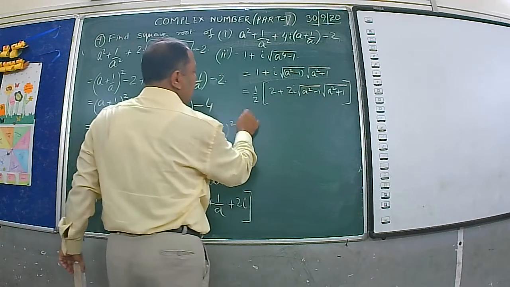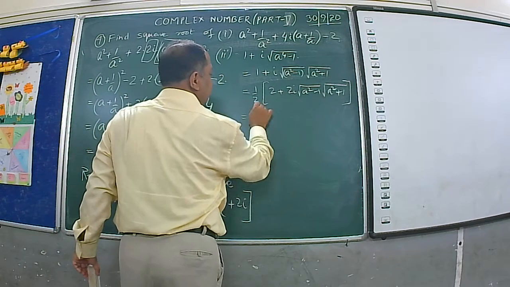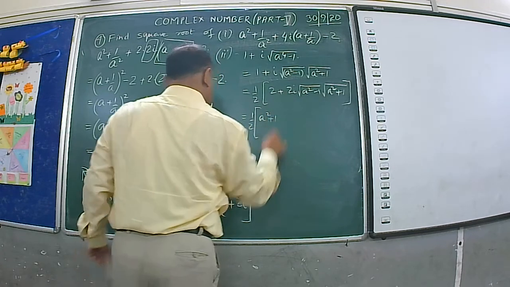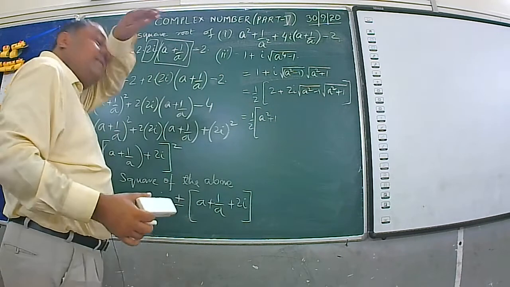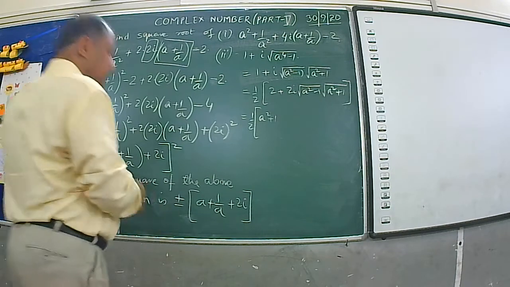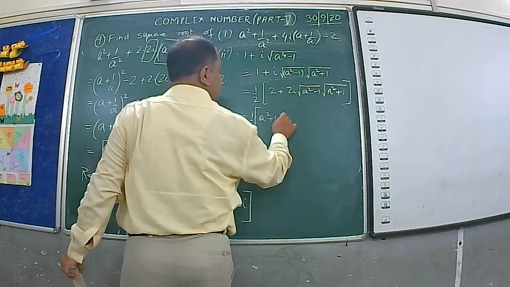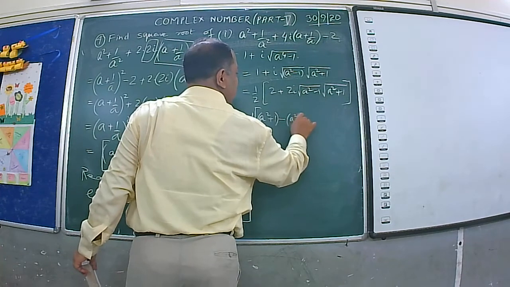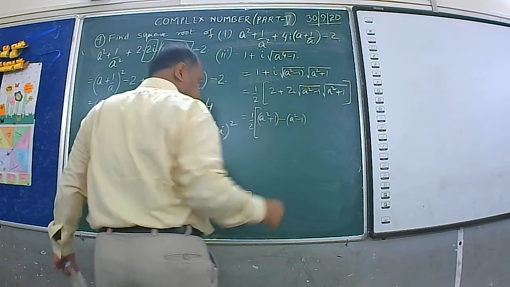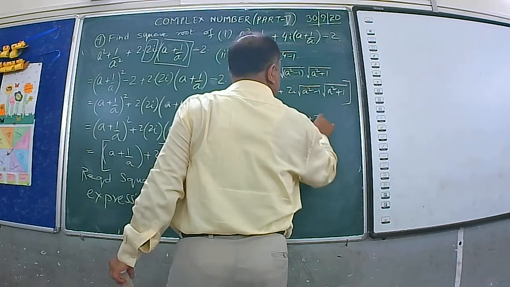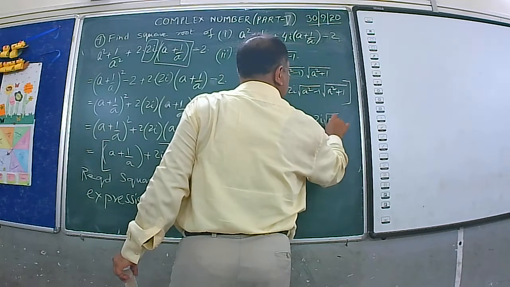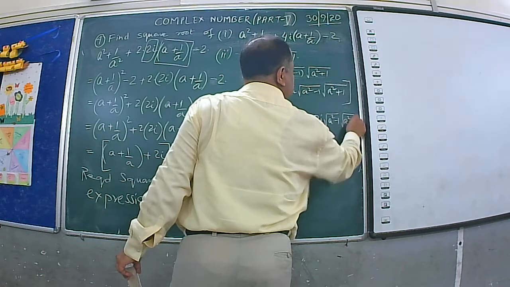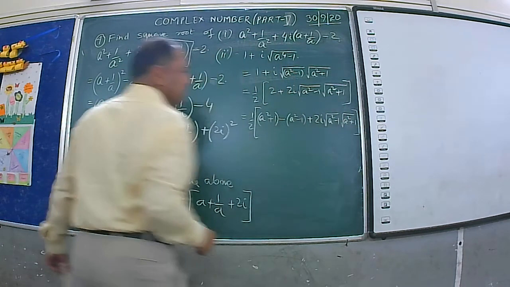Further, I can write this as half into a square plus 1 plus minus a square minus 1 plus 2i root a square minus 1 root a square plus 1, bracket closed.